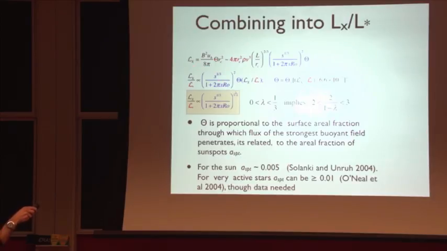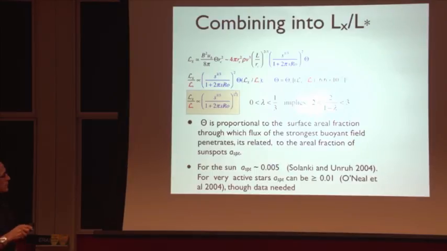When you combine this, out pops the convective luminosity, essentially, which is then basically the bolometric luminosity. And the result is this. So Lx over L bolometric, where bolometric has replaced this convective luminosity, has this dependence on the Rossby number as such.